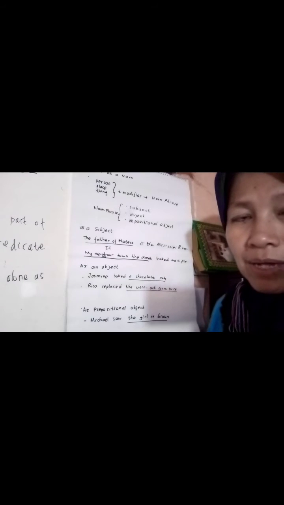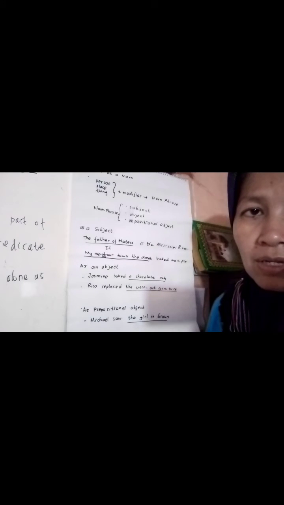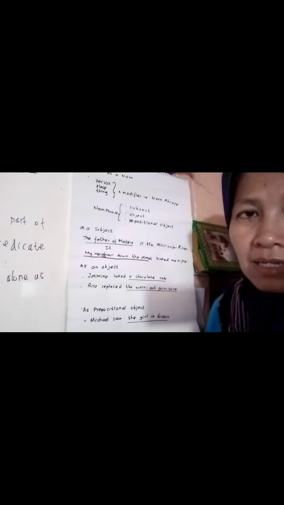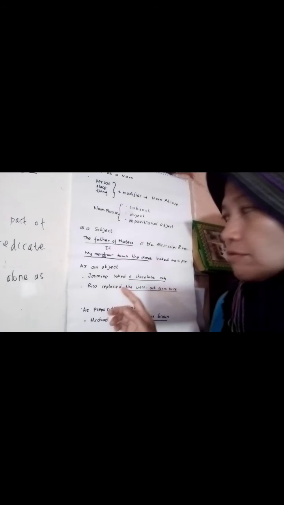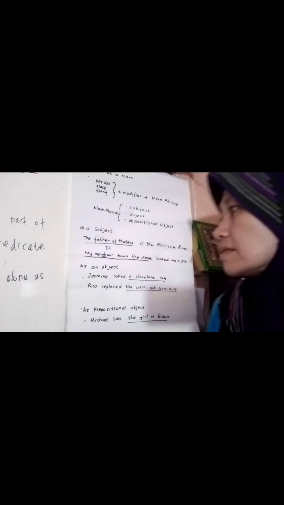Another example is, my neighbor down the street baked me a pie. My neighbor down the street, we can replace it with a pronoun such as he, she, or a noun like Carly, John. I try to replace it. My neighbor down the street, I will express it with he. He baked me a pie. It does fit, so it is a noun phrase. As an object, Jasmine baked a chocolate cake.